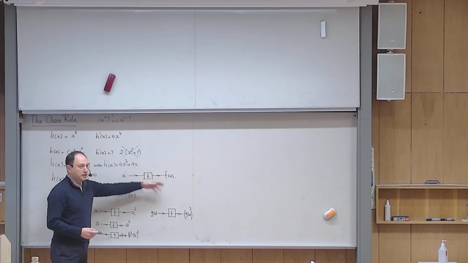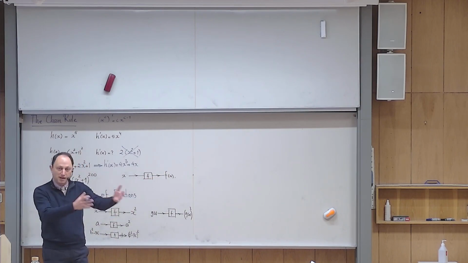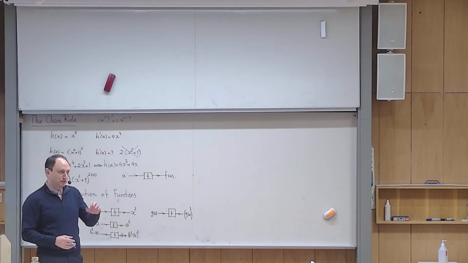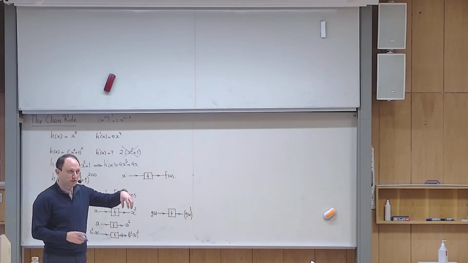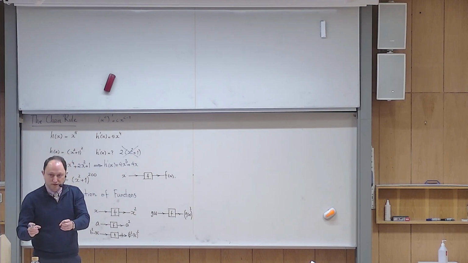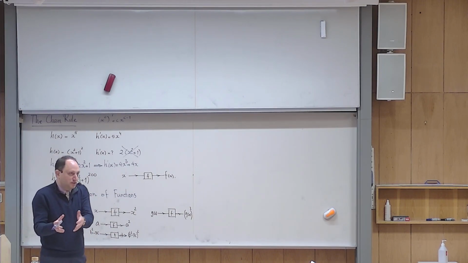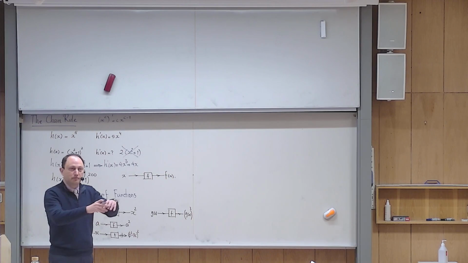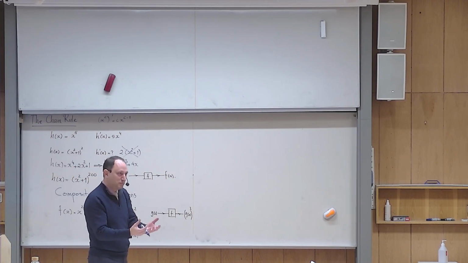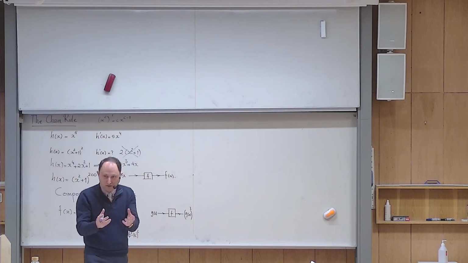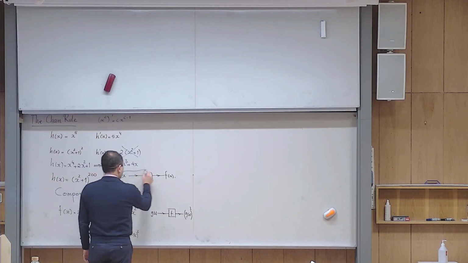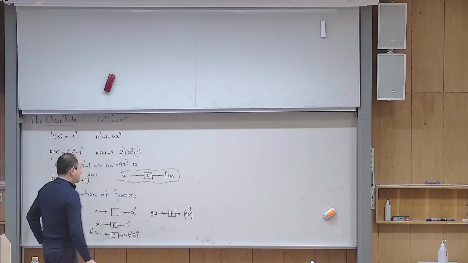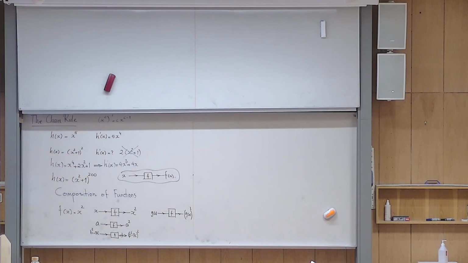F of x is the product of the machine, the outcome of the machine. For example, if you have a meat grinder, you put meat in it, that is the input. What you get is the ground meat, but you cannot say that the ground meat and the meat grinder are the same. The meat grinder is the function. The output is f of x. So this is the way to visualize every possible function.